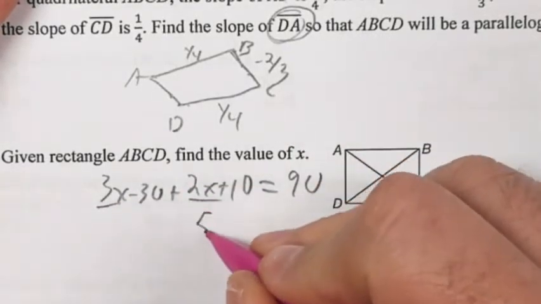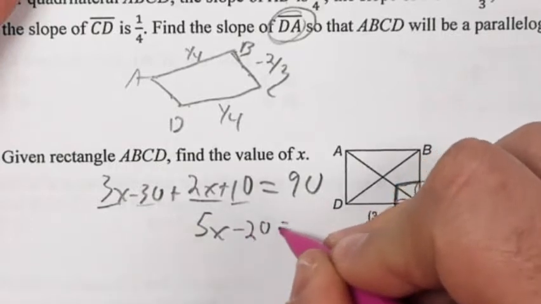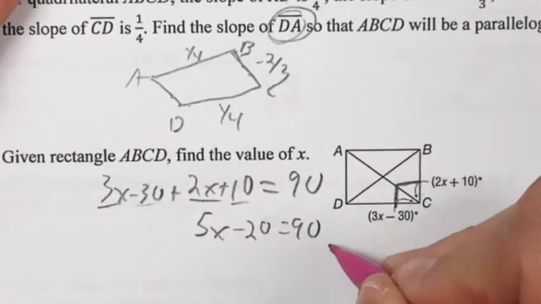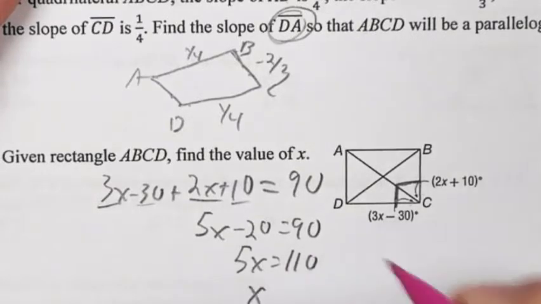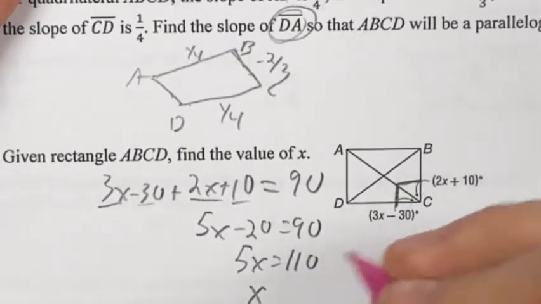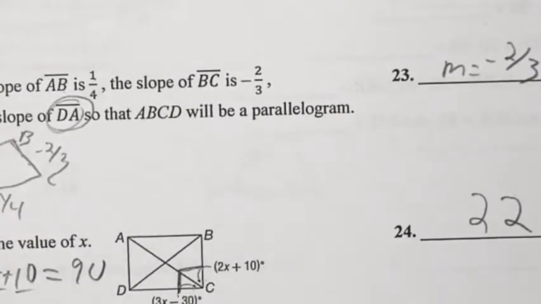Combine like terms gives me 5x. Negative 30 plus 10 is minus 20. Now add 20 to both sides. It gives me 5x equals 110. Divide by 5, and that gives me 22. So the value of x is 22.